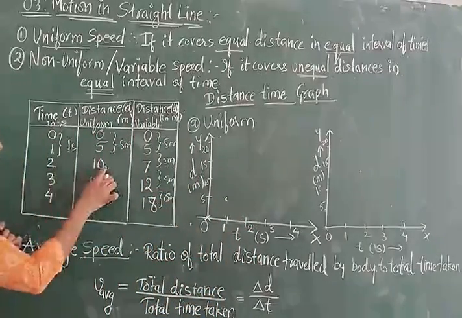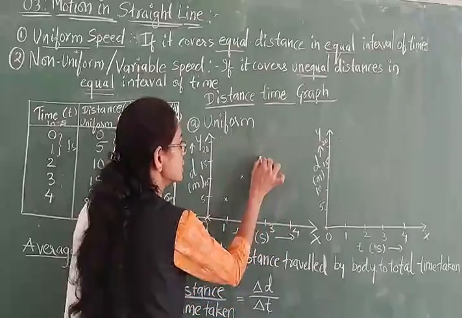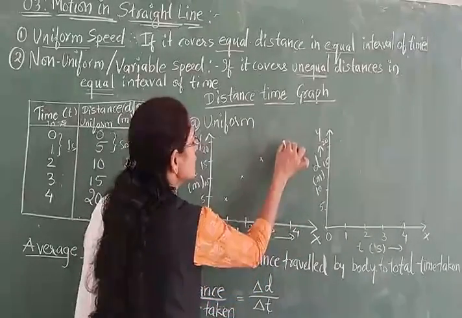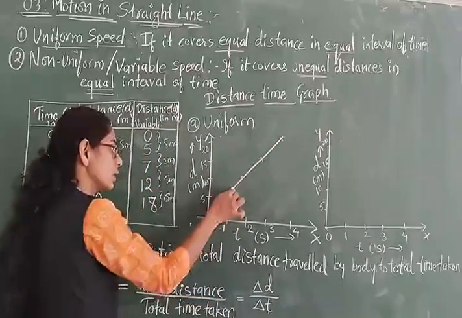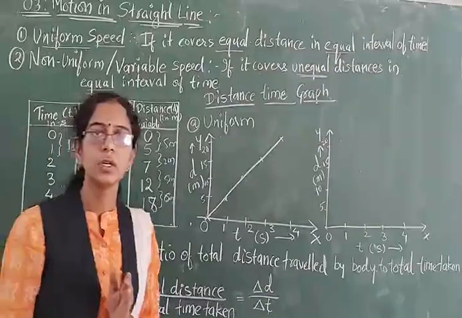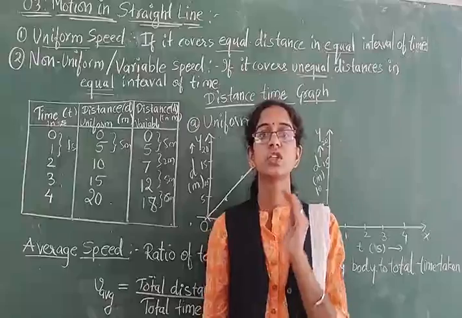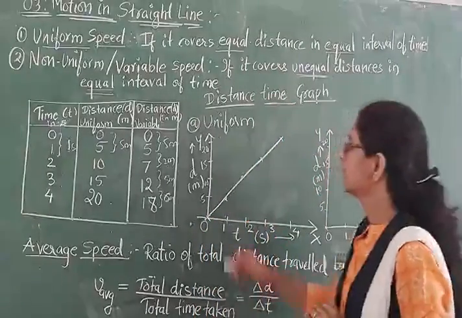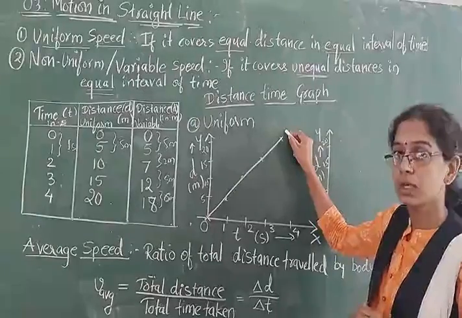For 2, it is 10. Then for 3, it is 15, and for 4, it is 20. When I join these all, I am getting a straight line. So whenever you are traveling with uniform speed, the nature of the graph is always a straight line.